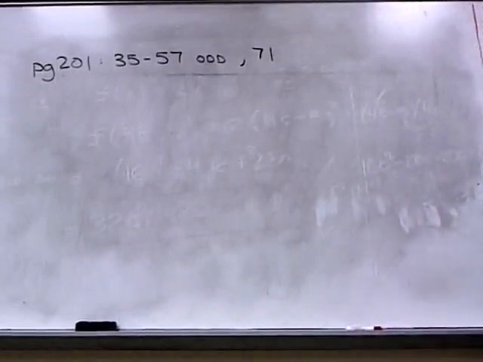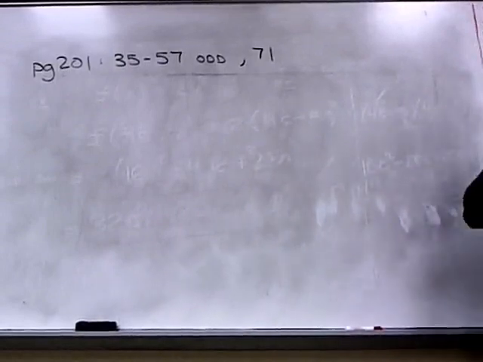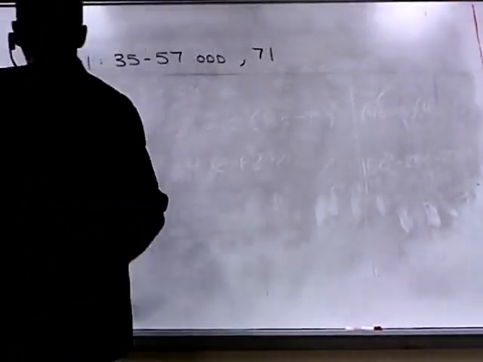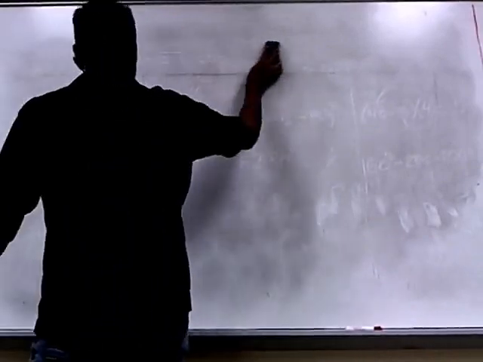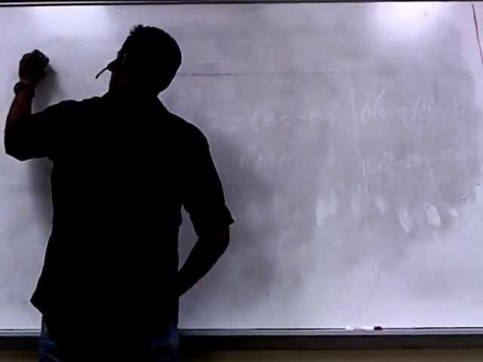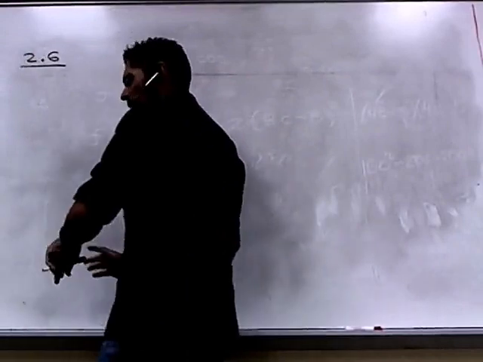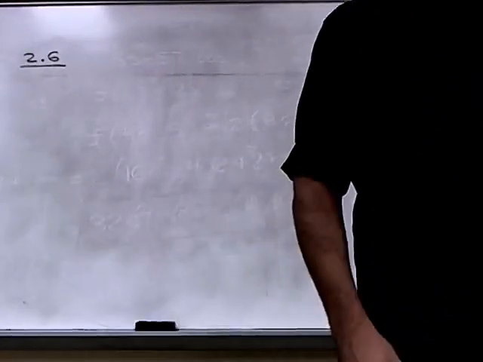Okay, we are skipping 2.5 in the book, and we're going to 2.6. This will be it for today, all right? 2.6, we're not going to even try for 2.7. In fact, I think I might just skip 2.7 outright.